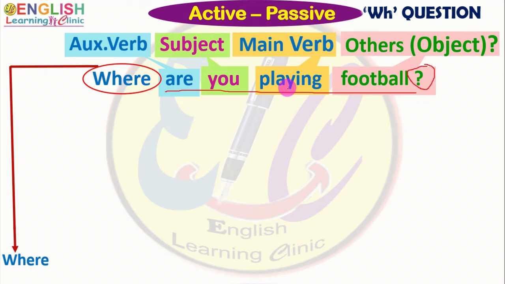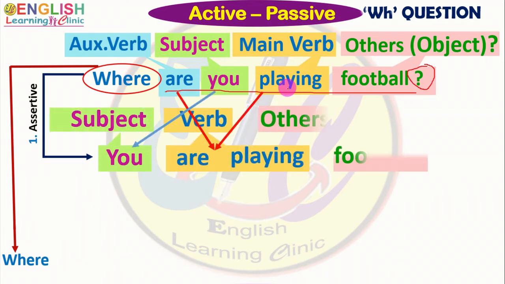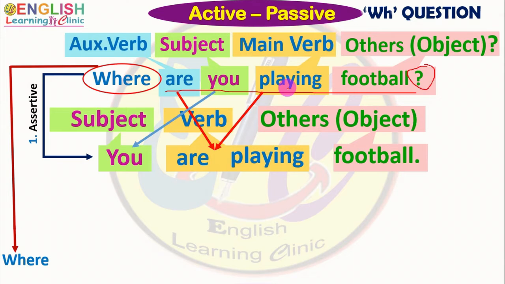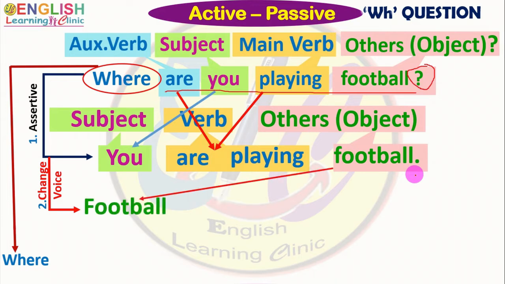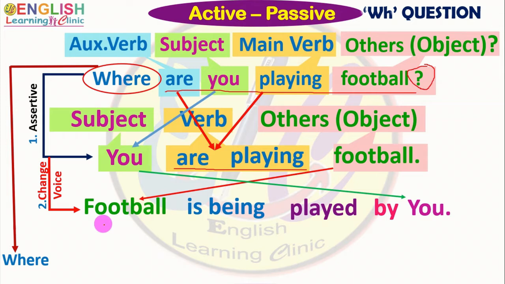First, make it assertive. The assertive structure will be you are playing football. And next, change the voice of this sentence. You have already learned how to change the voice of this assertive sentence. The football will come first. Next, you will go to the object position with the preposition by, and next comes the verb. Now, make it a question again.